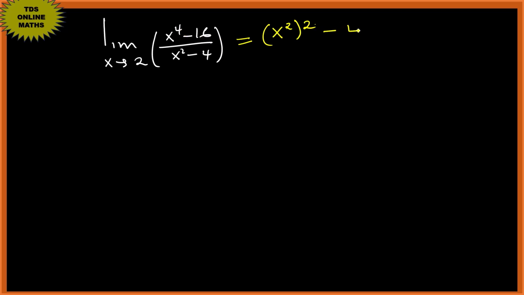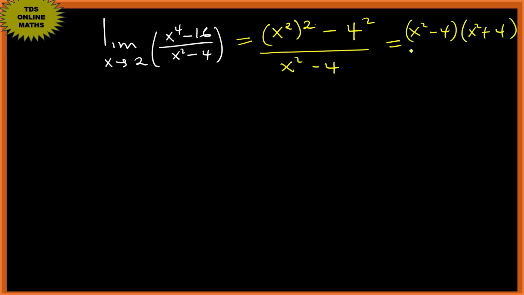So minus, 4 squared is also 16, minus 4. All right. So we can say x squared minus 4 times x squared plus 4, over x squared minus 4 here.